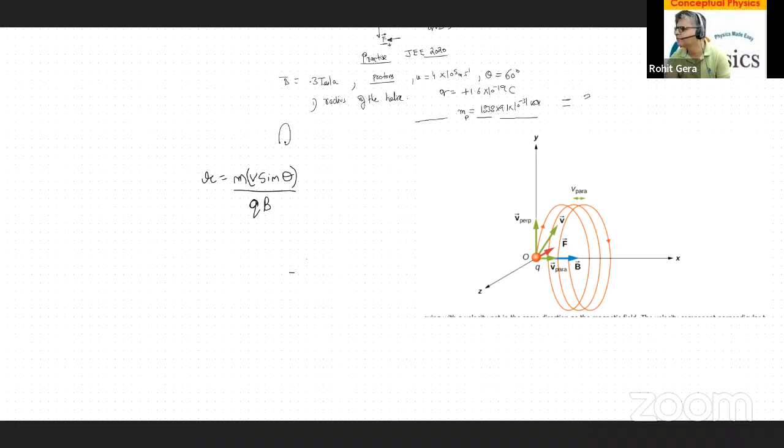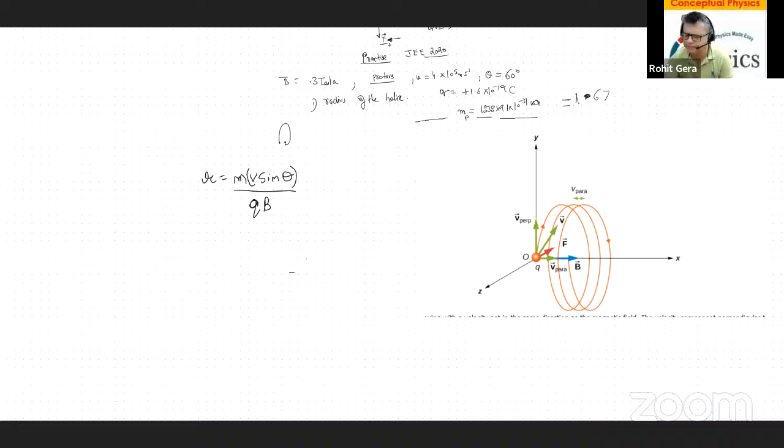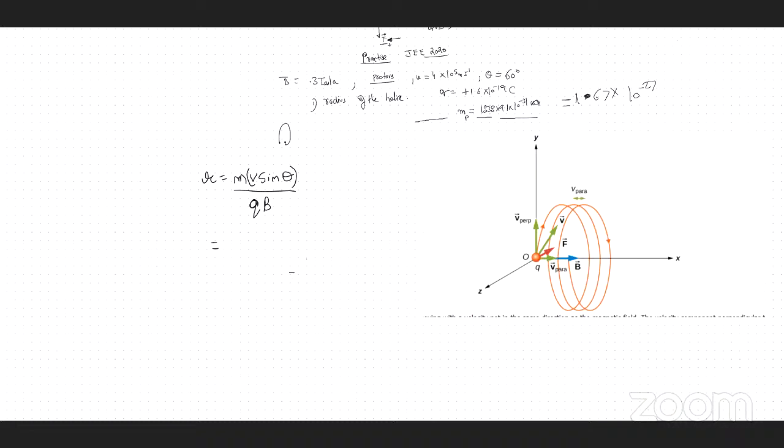You can check the values. The mass of the proton is 1.67 times 10 to the power minus 27. You can use this also. That works. Fine.